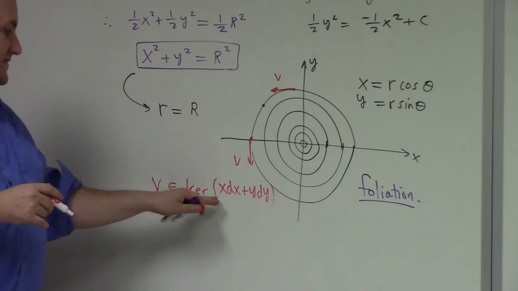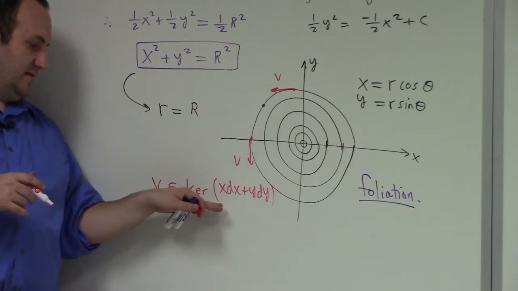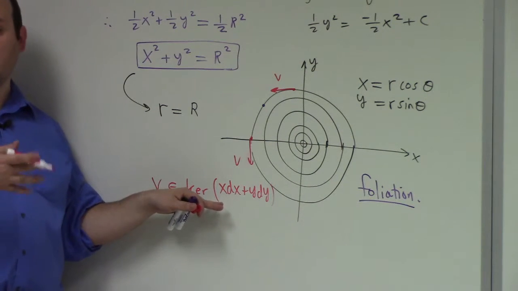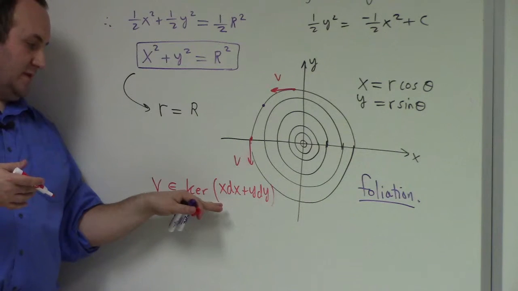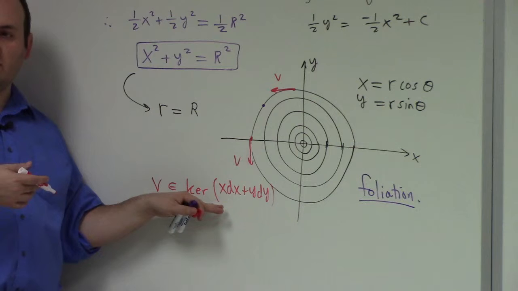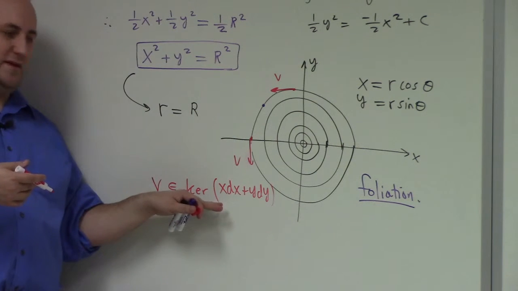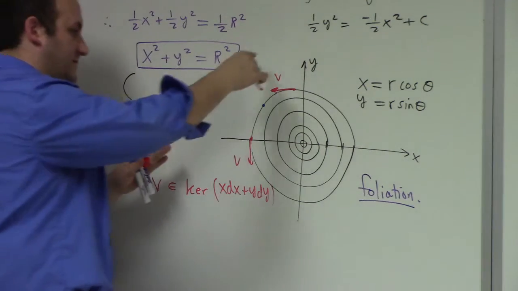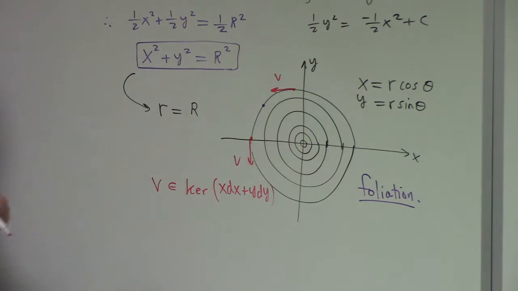The kernel of x dx plus y dy is a set of vector fields, rather, which are sent to 0 under this differential form. And really, we want to restrict it. And we have the idea of restricting that to the leaf. I guess that's also part of this.